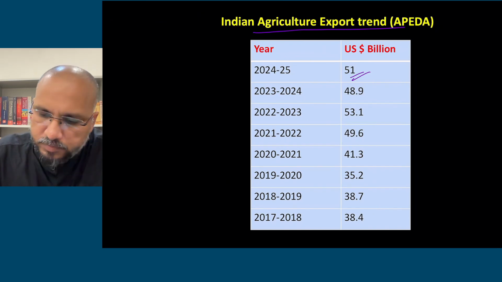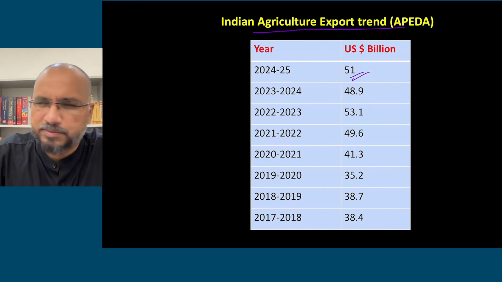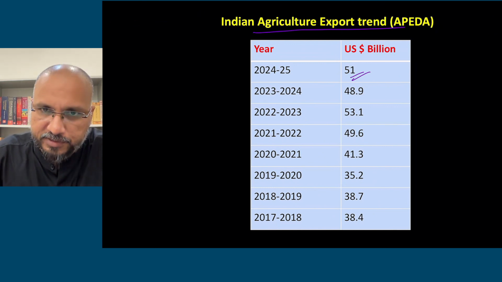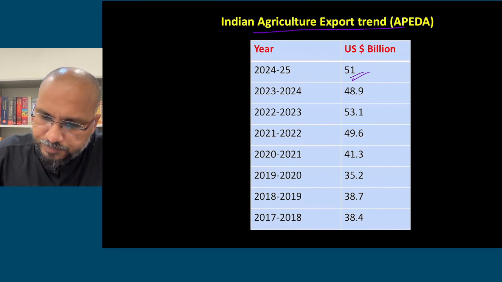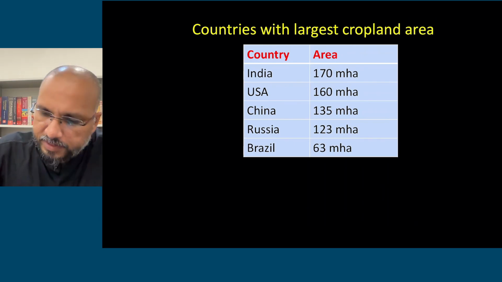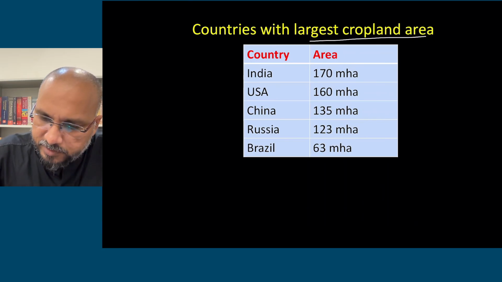Import is around 43 or 44 billion. Export is higher than import with respect to agricultural commodities. Now when it comes to area, cultivated area, largest cropland area, India is first.